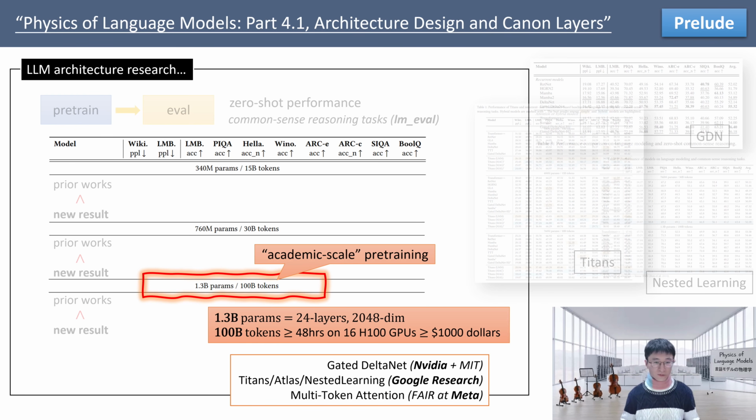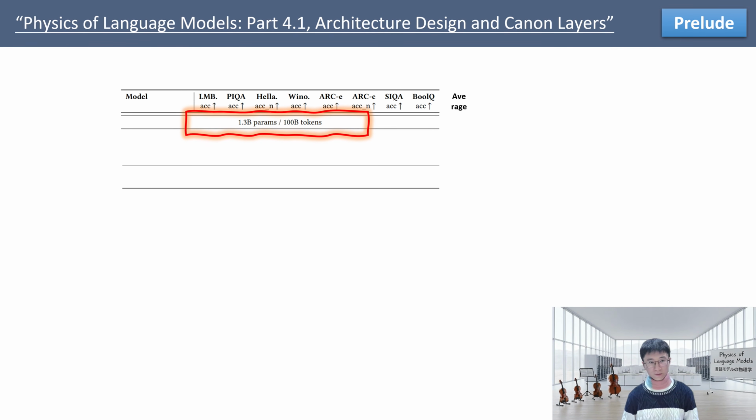For an obvious reason: when doing architecture research, you want to repeat the experiments many times by tuning parameters and so on, but you are typically constrained by budgets. You cannot redo this experiment too many times if the scale is too large. So this is the particular scale I want to focus on in today's talk.